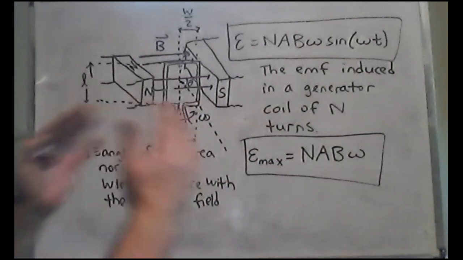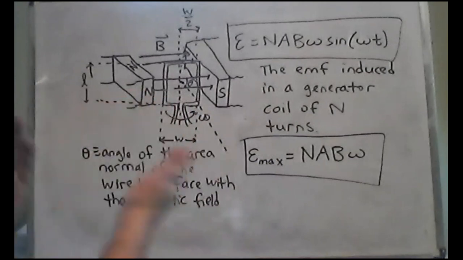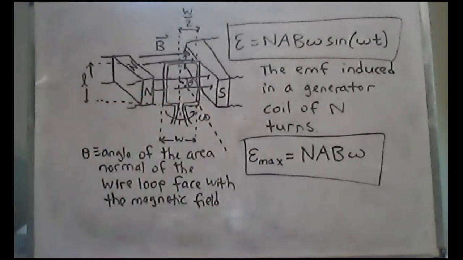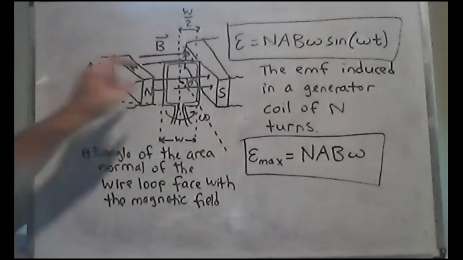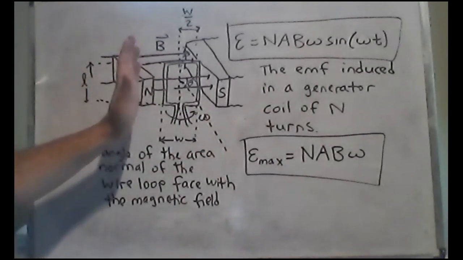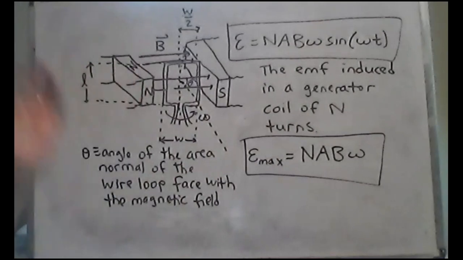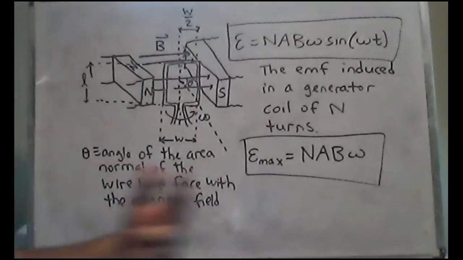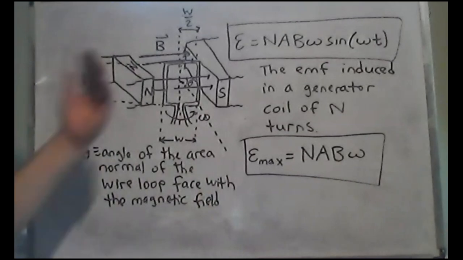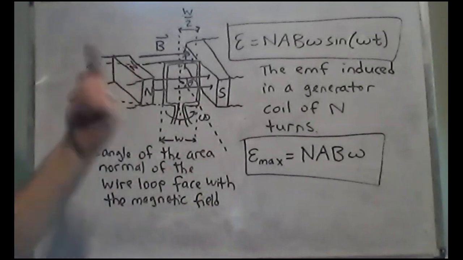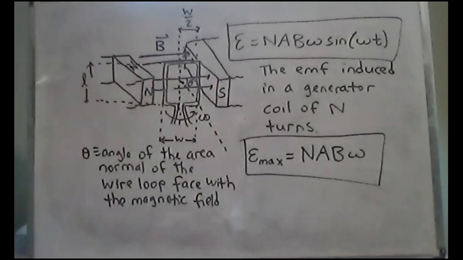The larger the area, the greater the distance the individual electrons in the vertical wires are from the actual axis, so they're going to have a greater contribution.